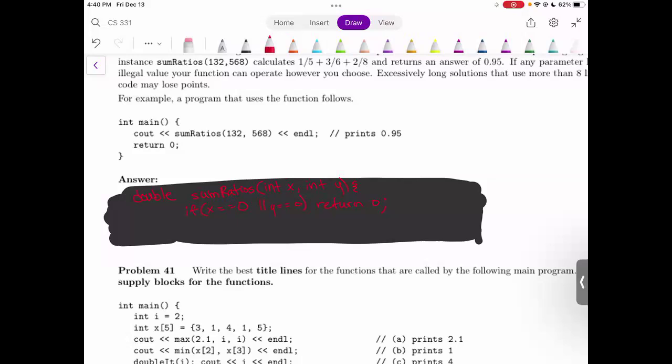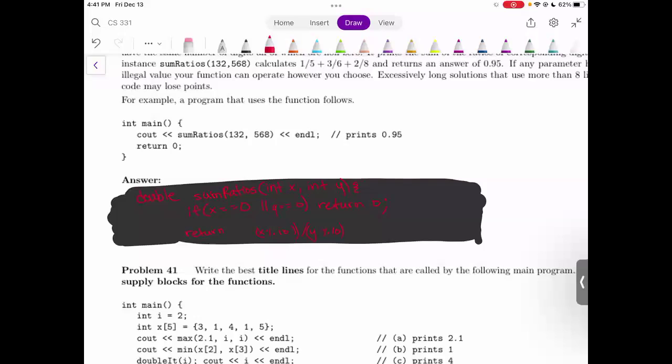So we're going to say return x mod 10 divided by y mod 10, and this should be typecasted, right? Because we don't want to do integer division.